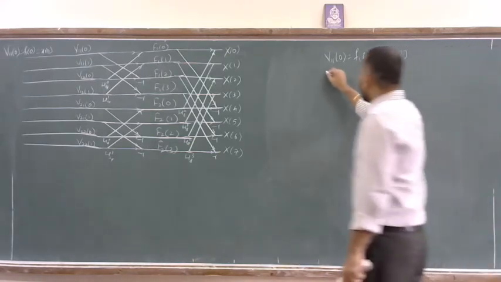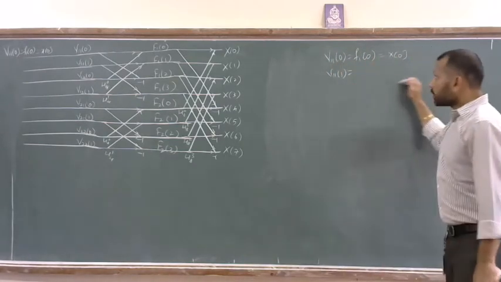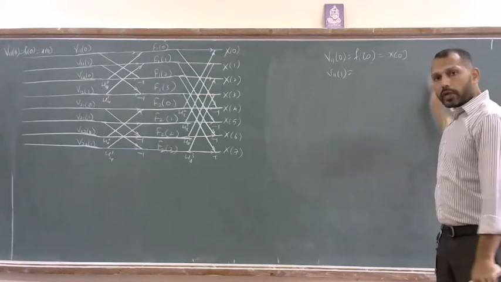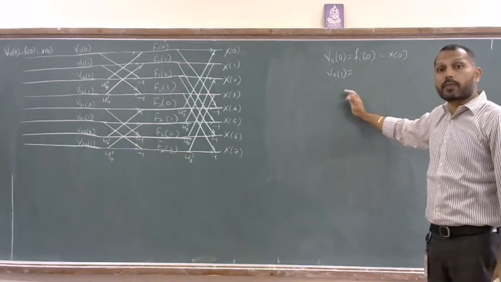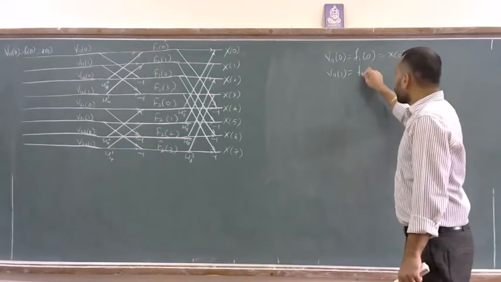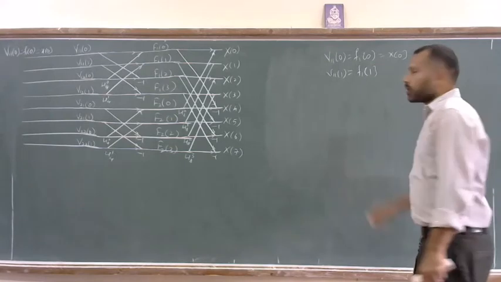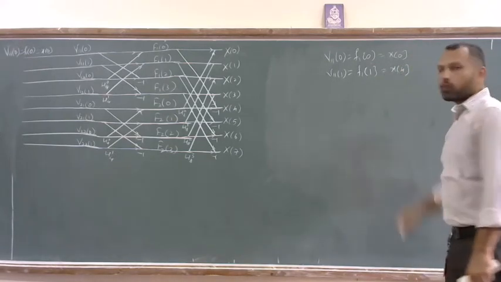Now V11 of 1. Now this is the relation of each sample with respect to the 8-point sequence, 4-point sequence, and 2-point sequence. In terms of 4-point, this is f1 of 1, which will be equal to x of 4.